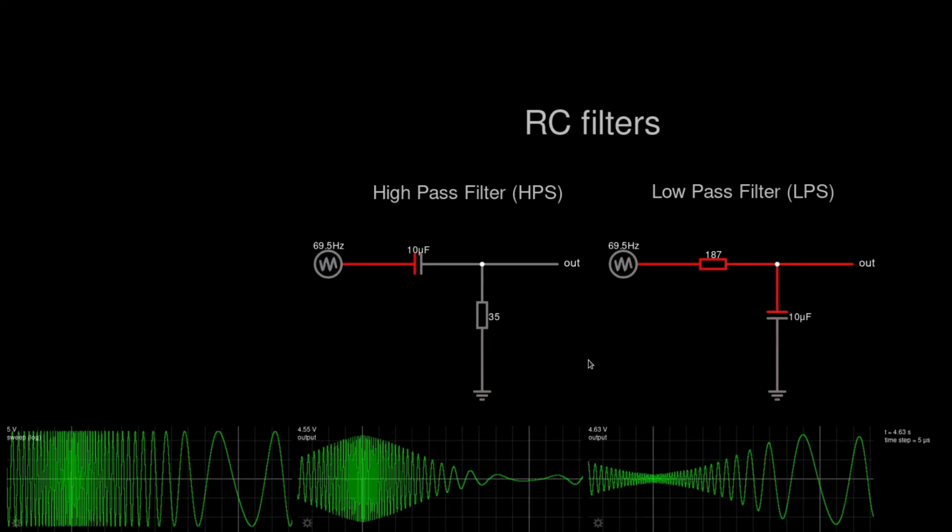We can see that the capacitor and the resistor are in different places on different schematics, and if we look at them, then over here during low frequency we get high resistance, which means this resistor has a high value and that resistor has a lower value. We could calculate that value, but it's not the point of this video.